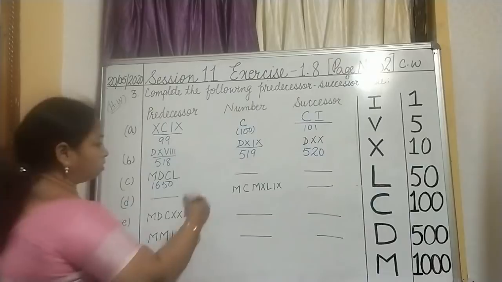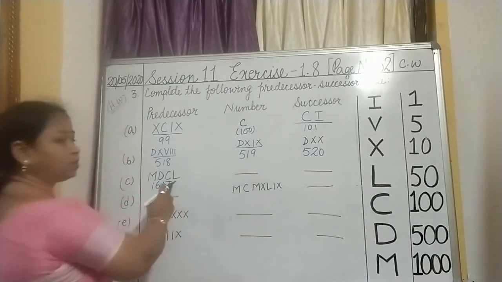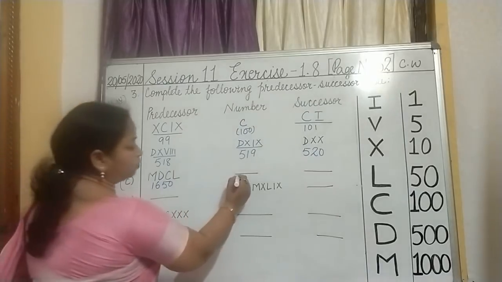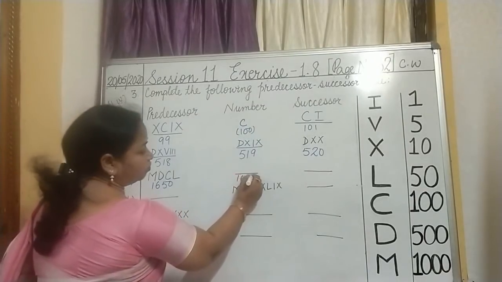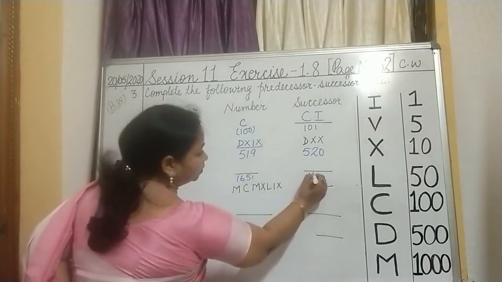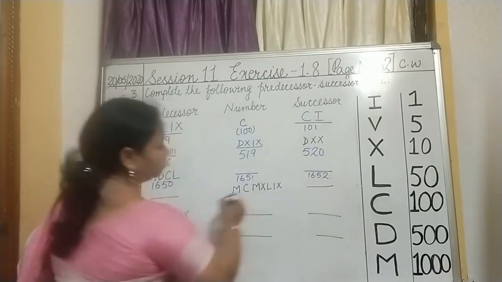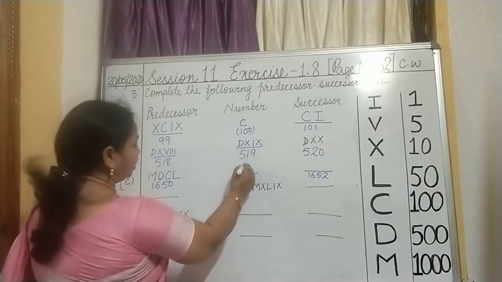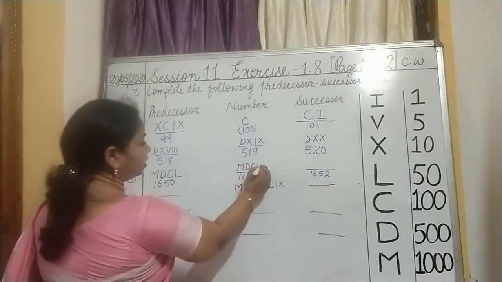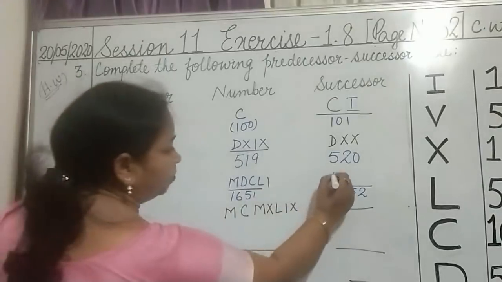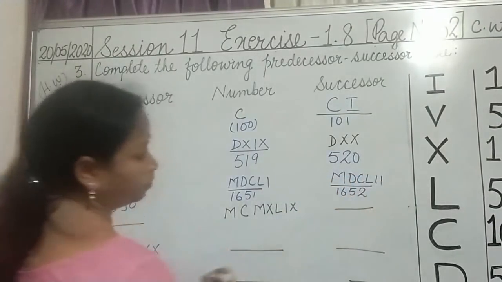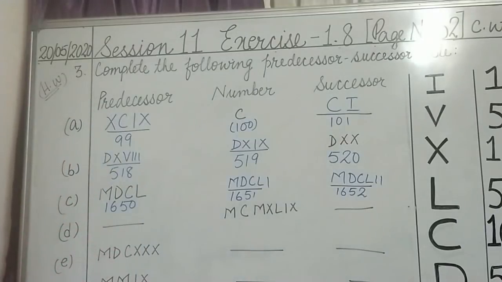Since this is the previous one given and the number after it is asked, of course you will have 1651, 1652. So how to write this? This is very simple. MDCLI. It will be MDCLII. Okay. I hope these things are clear.